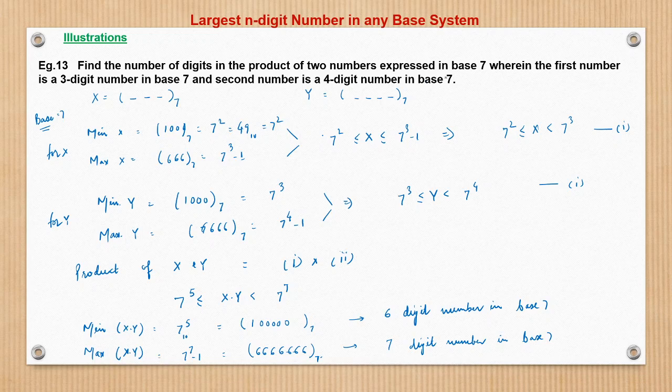And we have to find the answer in base 7. So possible number of digits is nothing but 6 comma 7. This is the answer, right? So product will either have a 6 digit or a 7 digit product in base 7.